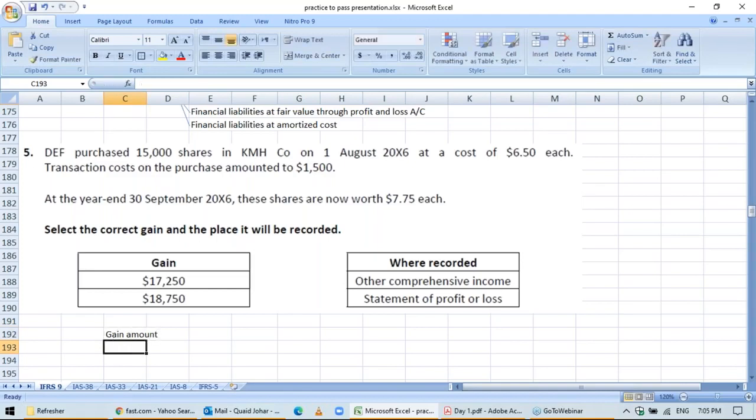The fair value on purchase of the equity instrument was 6.5 multiplied by 15,000 shares that were purchased.